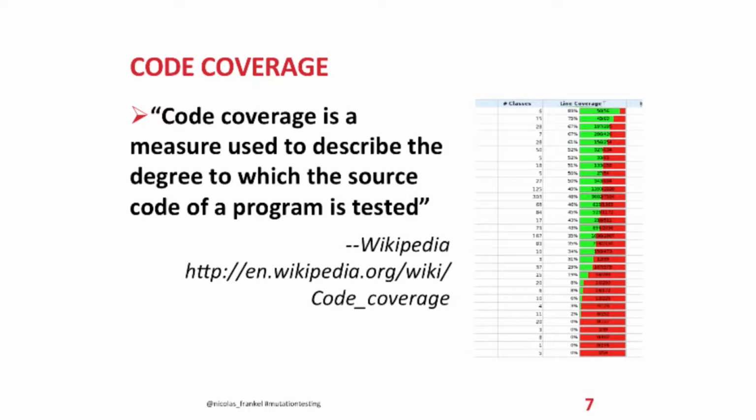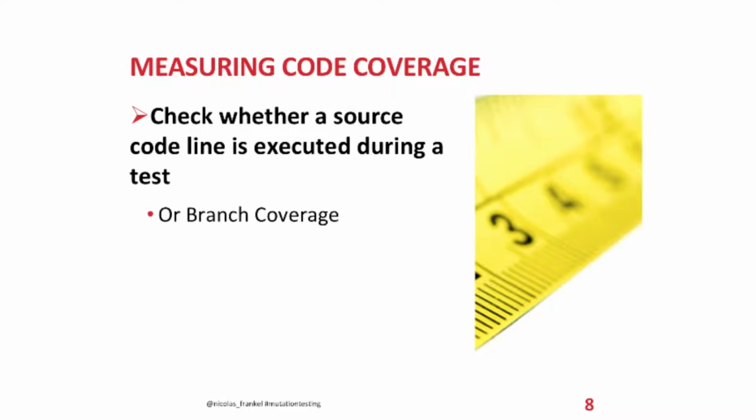And basically, if you look on Wikipedia on code coverage, it's the degree to which you measure how your production code is executed. So, code coverage is great. And when you run your test, you check whether a line, so this is line coverage, or branch, this is branch coverage, is executed.